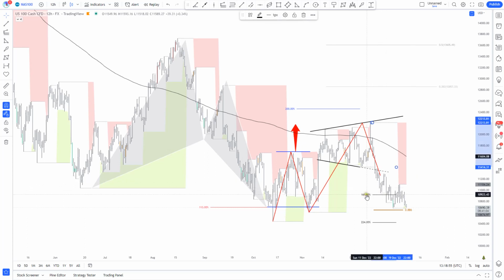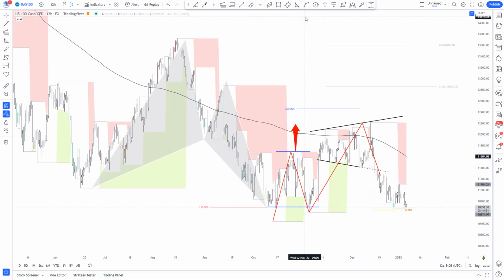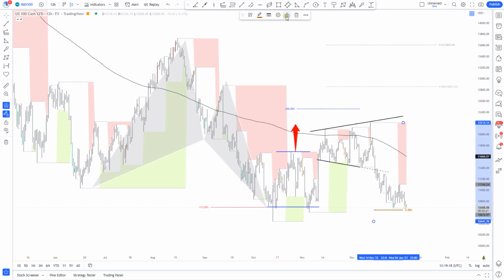Actually, it has failed to find support at another extension level, a minor golden Fibonacci extension also projected there. It's true that we're still trading above the previous lows, which opens the door for an eventual bounce. But at this point, I'm not so convinced.